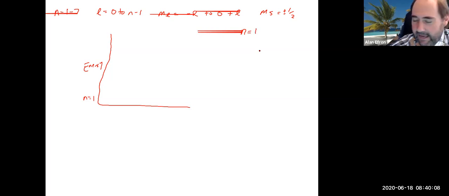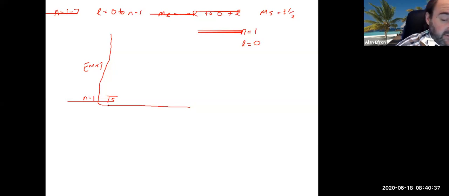L can have a value of 0 to n minus 1, which in this case is 1 minus 1, which equals 0. The only value you could have for L is 0. And that means on the first energy level, the only orbital that we have is a 1s orbital. The 1s orbital is on the first energy level.